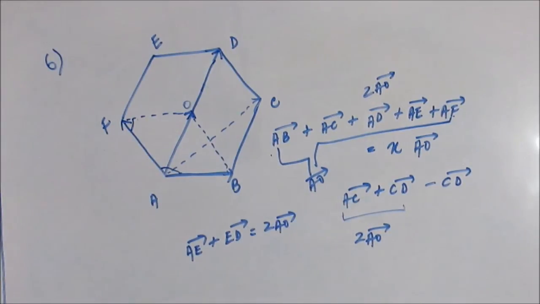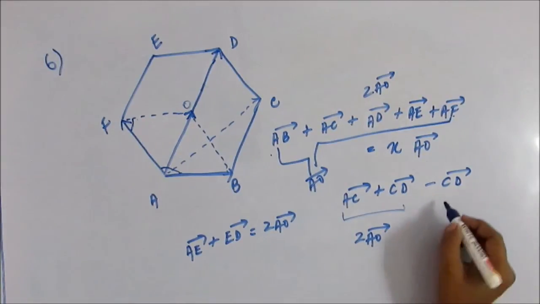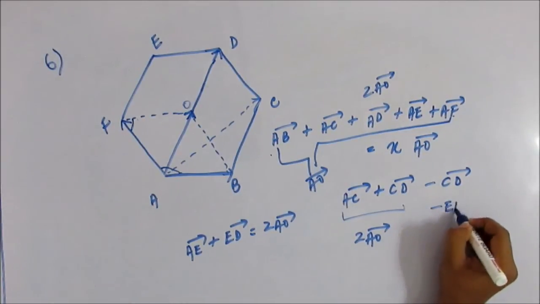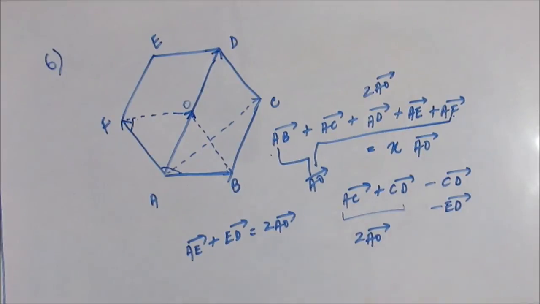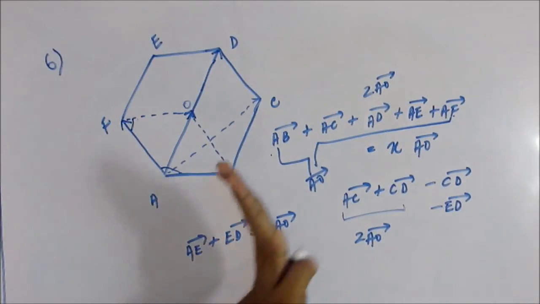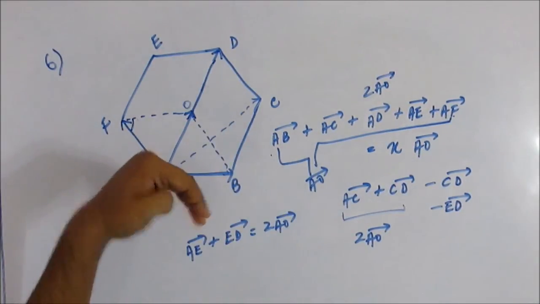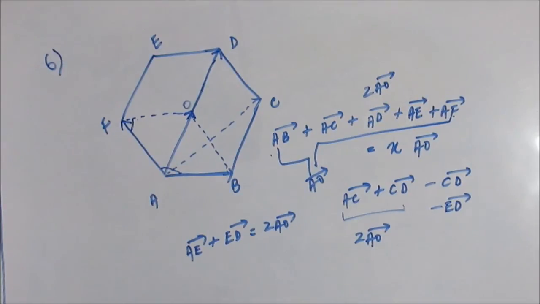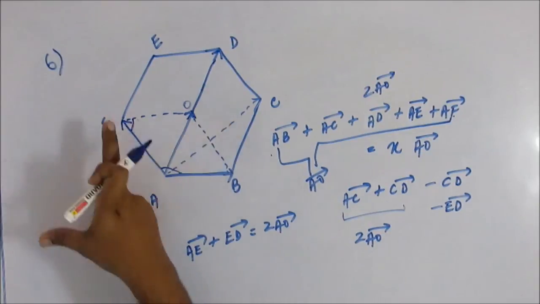But what I have done actually is I have added CD vector and ED vector, so I have to subtract CD vector and ED vector from the expression. If you see CD vector, minus times of CD vector is DC vector. We know that the direction changes if you just append a minus sign with a vector. So minus CD vector is actually DC vector, and minus ED vector is DE vector.